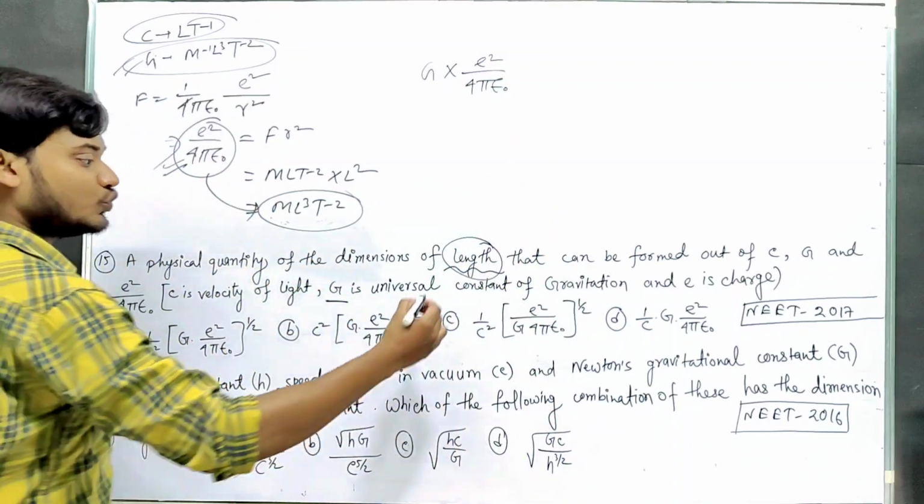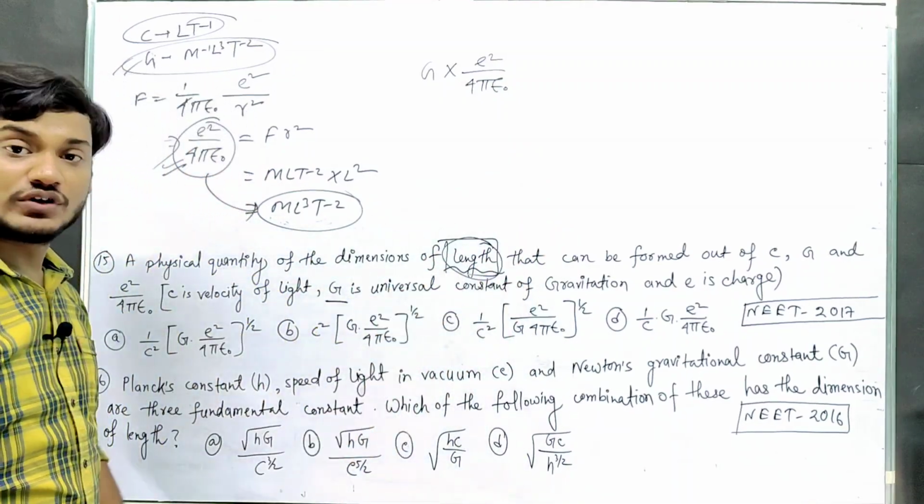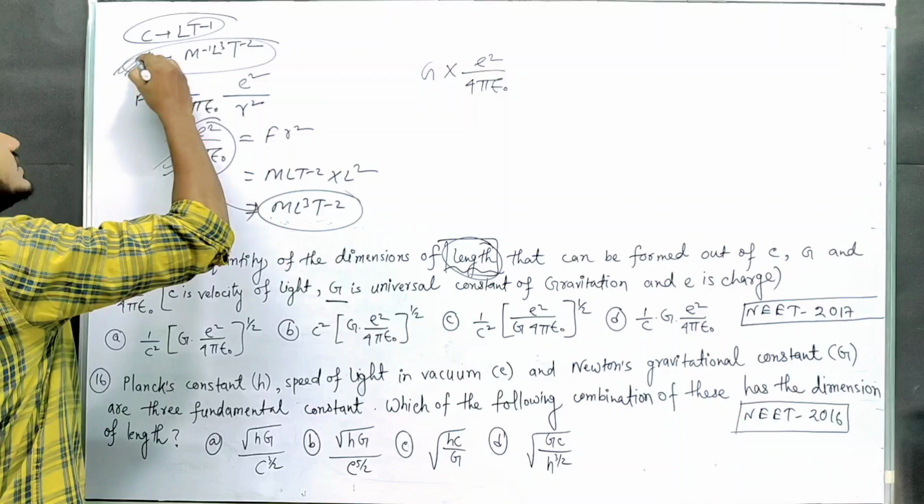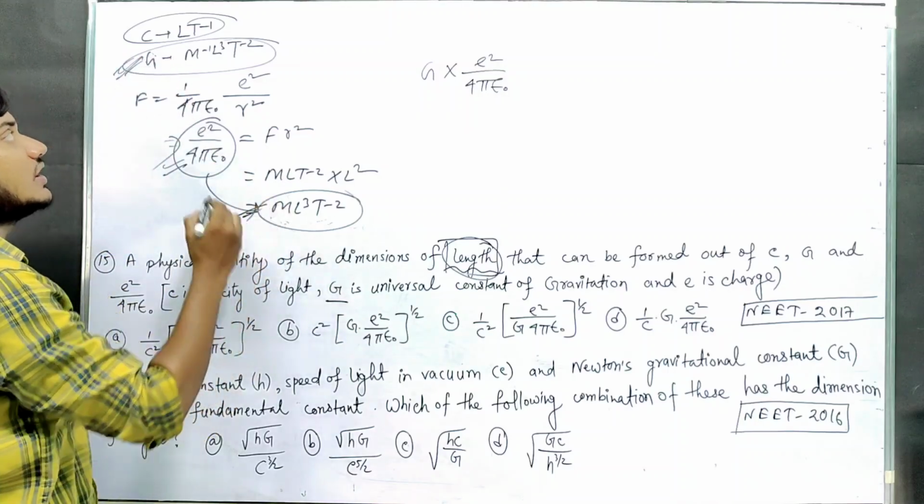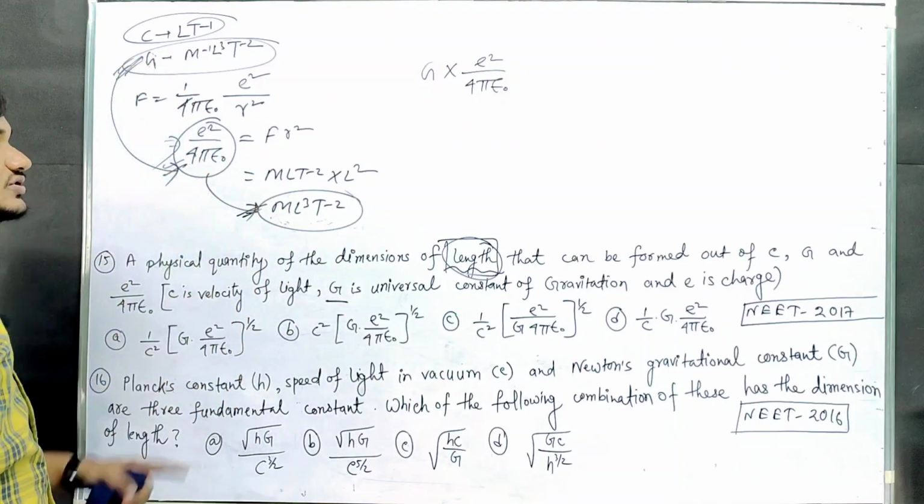Reason: we have to find the dimension of length, so we have to cancel out the mass. So one thing we can do is multiplication, so we multiply G into this.